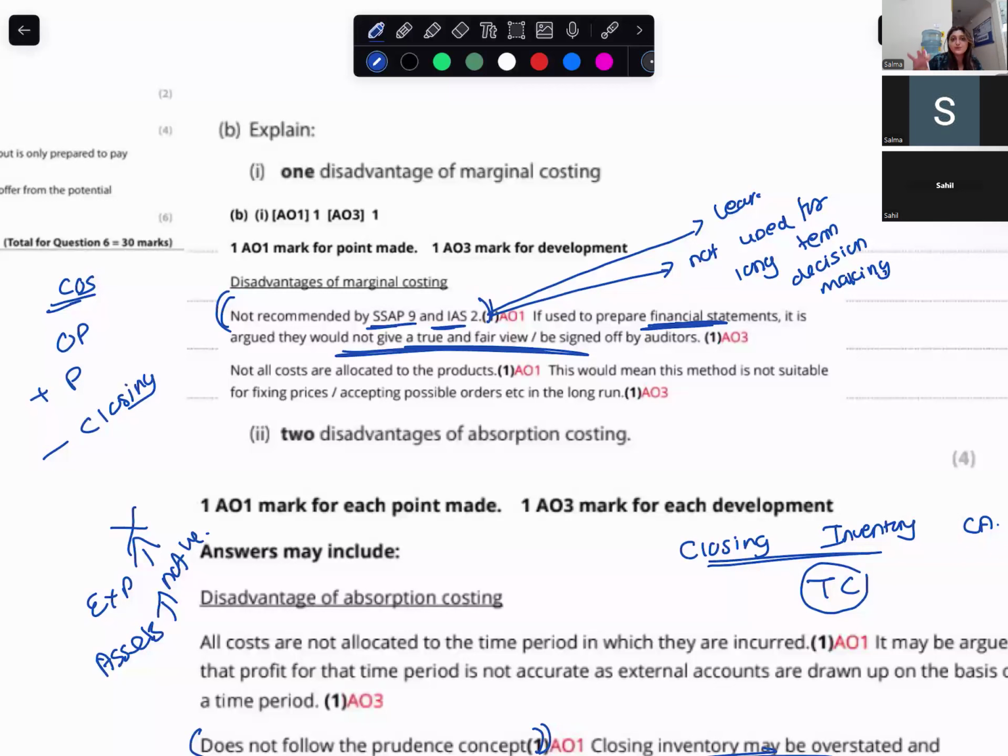You remove your closing inventory from your cost of sales. That means you're reducing your expenses, so it is treated like profit.